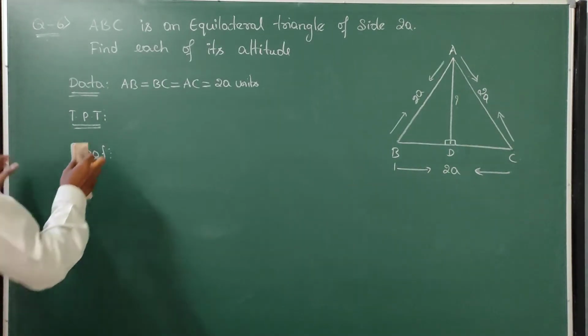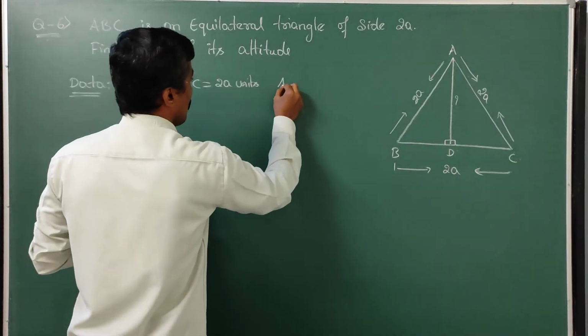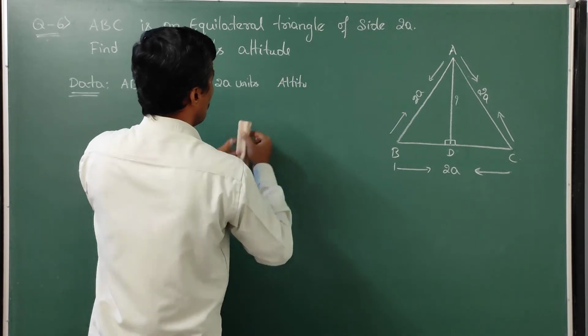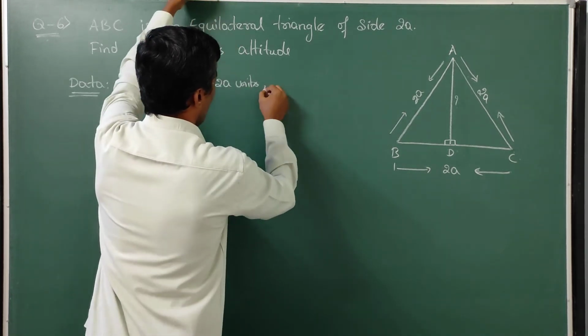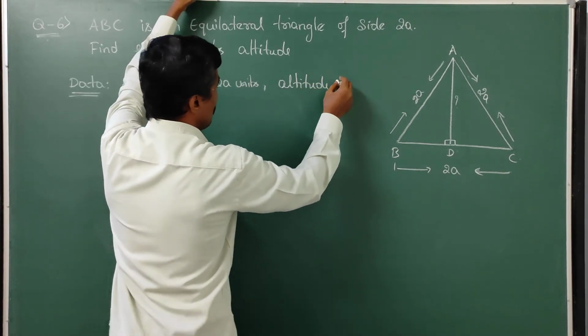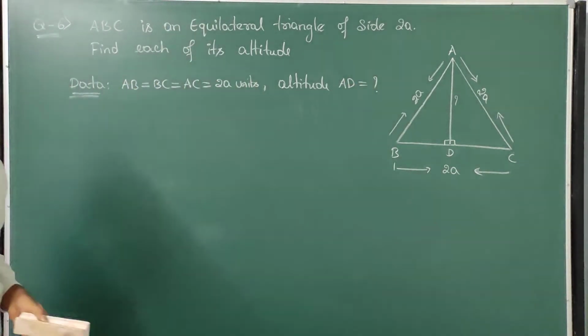We have to find the length of the altitude AD, that is equal to question mark.